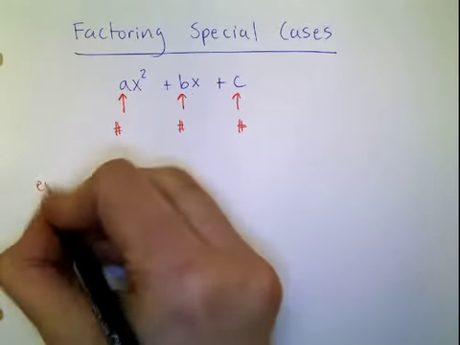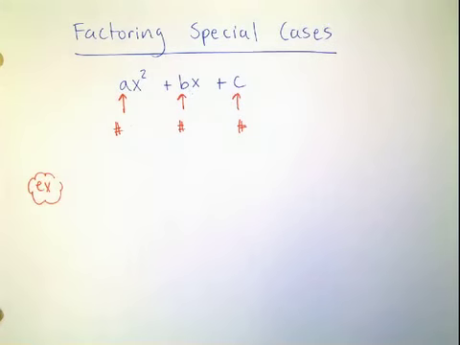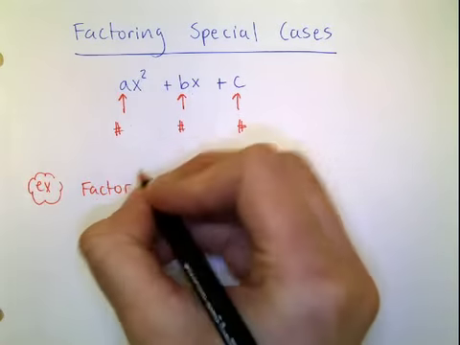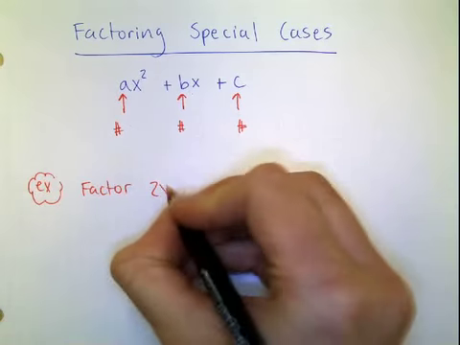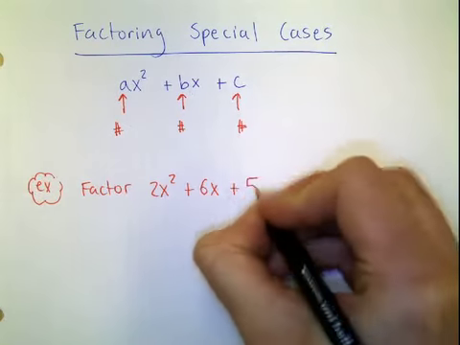So an example, in the last video, if you watched the last one, I asked people to factor, and one of the problems I gave was 2x squared plus 6x plus 5.